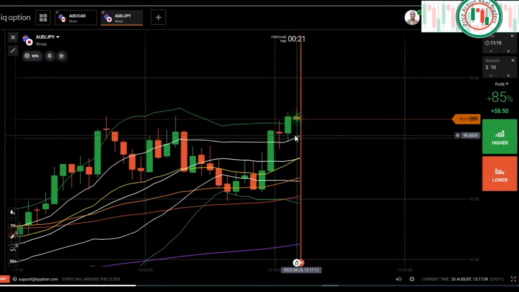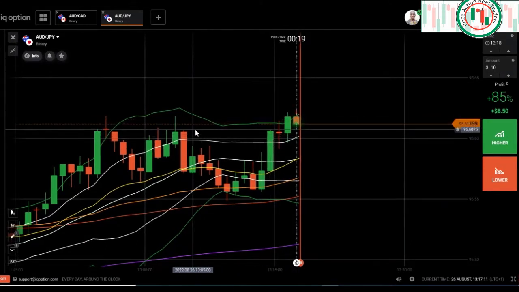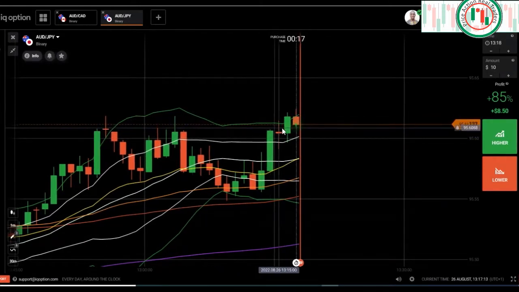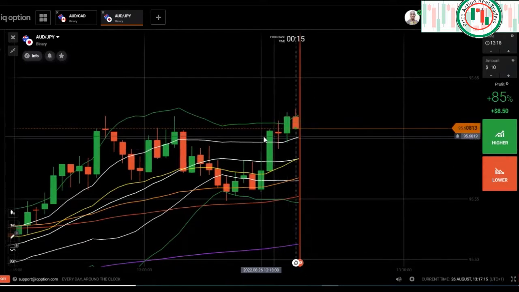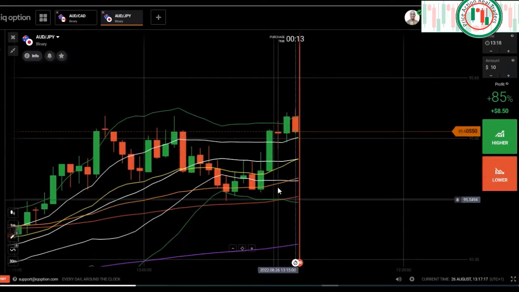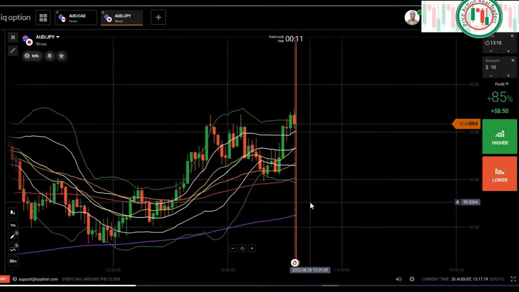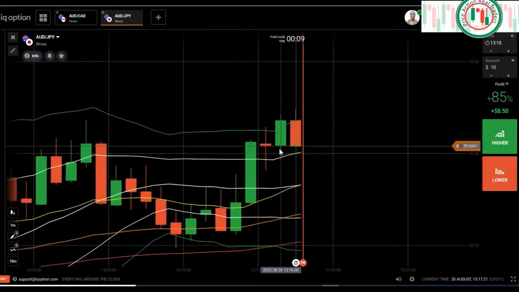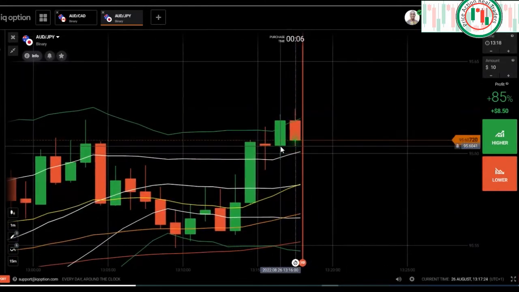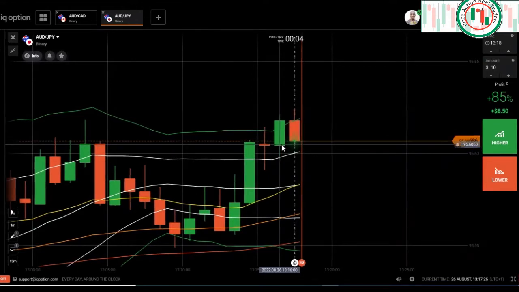You see here is another strong trend here. This is strong trend. Why? Because of the alignment of the EMA. And here this is the zone. Now market is at the zone.